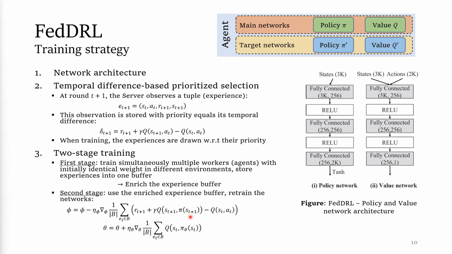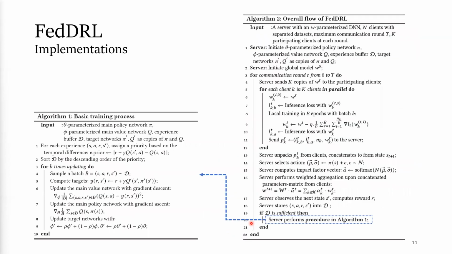The updating rules are quite standard for policy-based methods in reinforcement learning. And here are the detailed implementation of the algorithm. This is very clear in the text, so we want to skip it in order to save time.